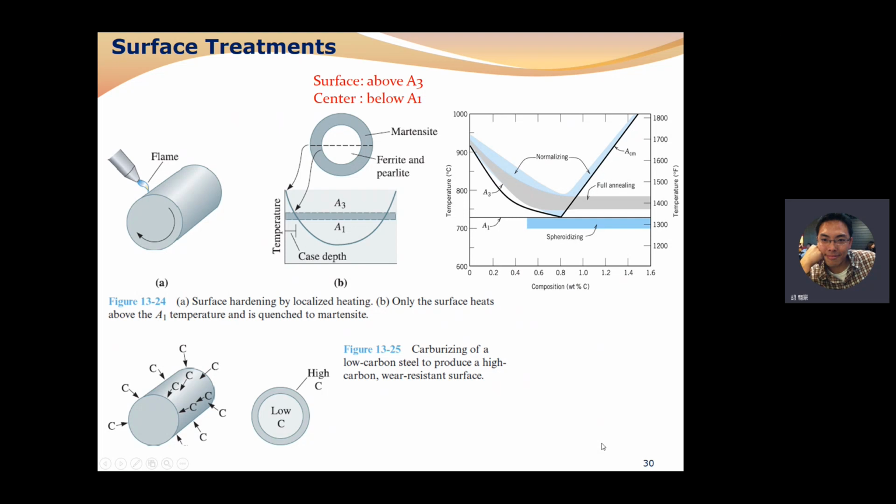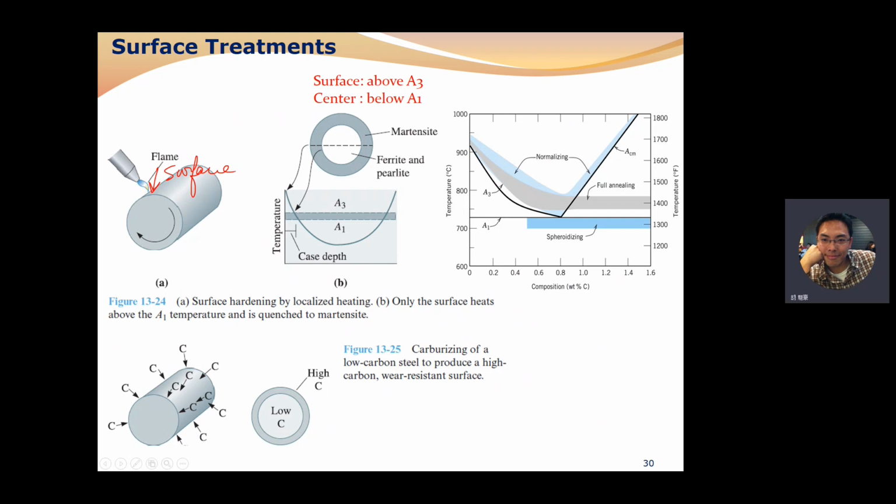And so we can do surface hardening by localized heating. Okay, just heat the surface. The heating is only at the surface, and only the surface heats above the A1 temperature and is quenched to martensite.